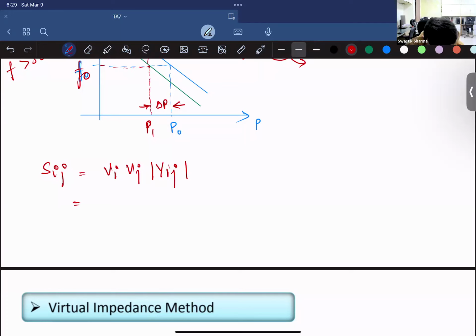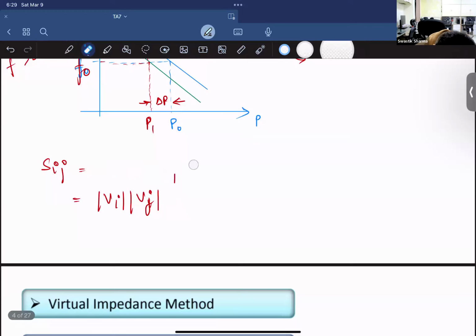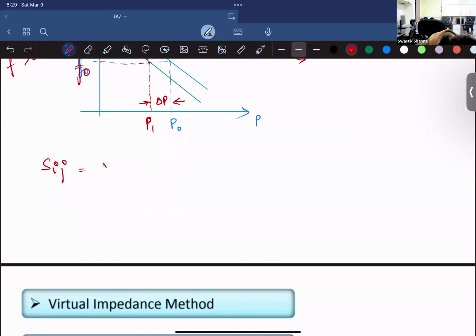Let's derive this. What happens is we have mod of Vj, Yij, Vi, Vj, Yij star, because we write it as Vi star.